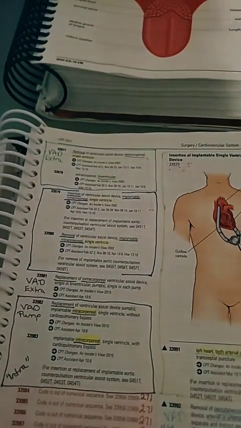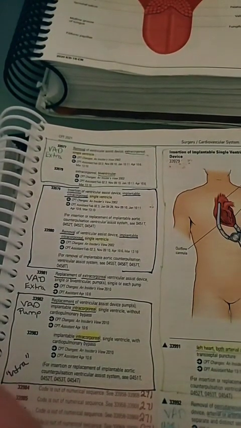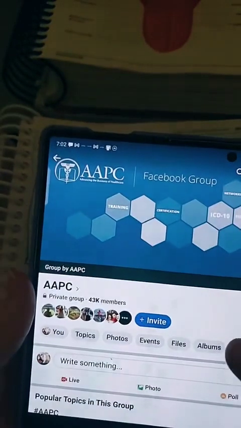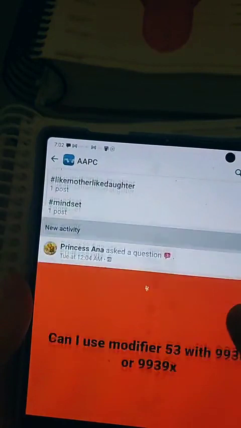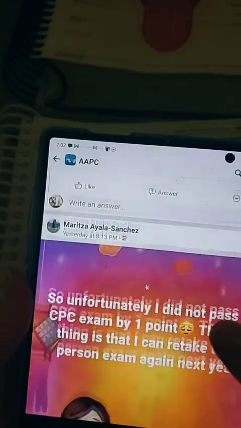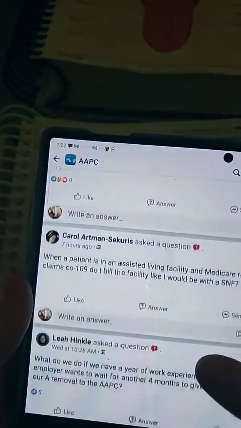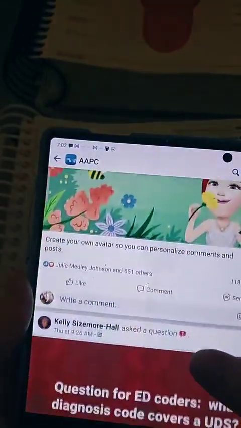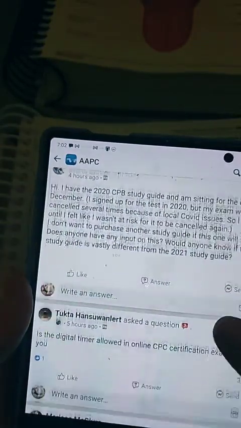If you're just starting out on this process and you just want to learn more about coding, the best place for you is the AAPC Facebook page, which is right here. This page on Facebook has all the members, everybody who is an AAPC member, and if you just want to find out about medical coding, what's on the test, do I need any electives, all that first beginner stuff, you'll find all the info here.